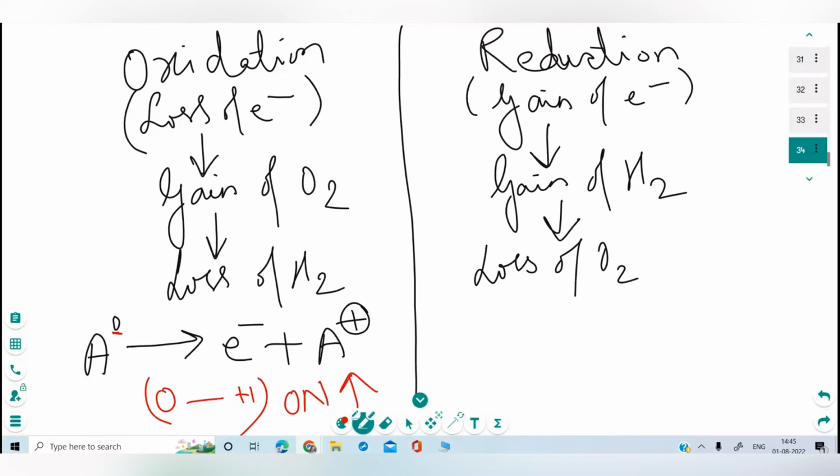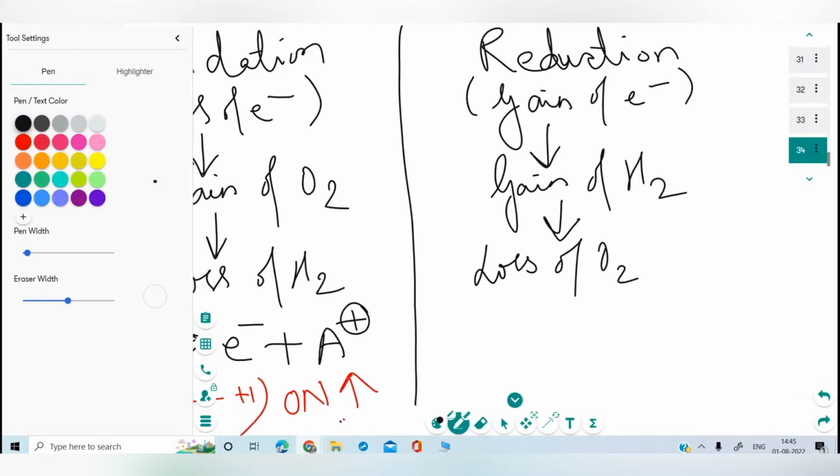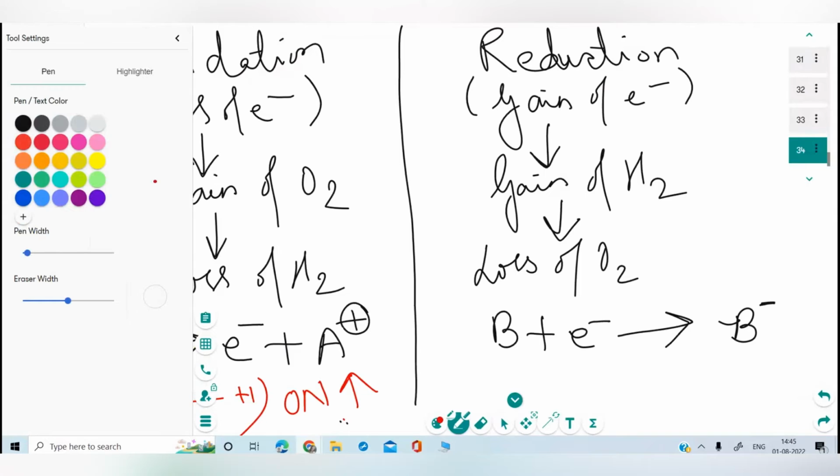One more example I will show, then we will discuss this once again. In this, the reverse will happen. What I said, gain of electron. So gain of electron will give you a lower oxidation number. By reduction, the oxidation number is decreasing.